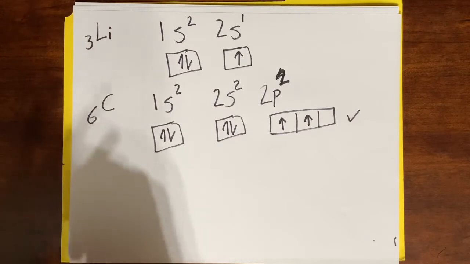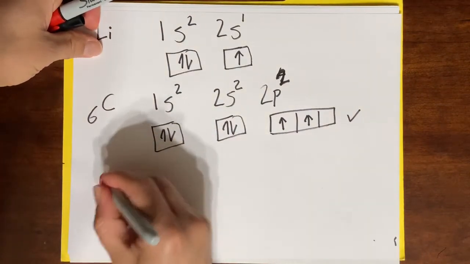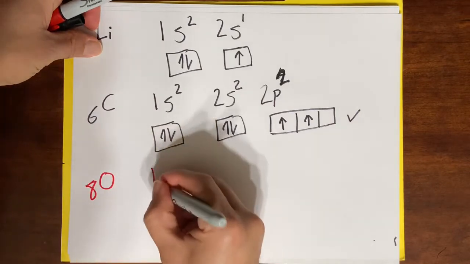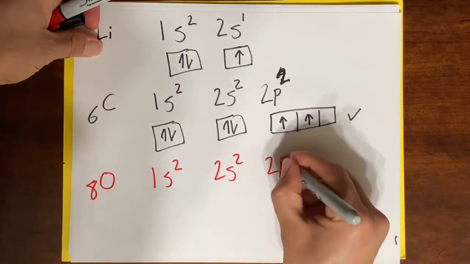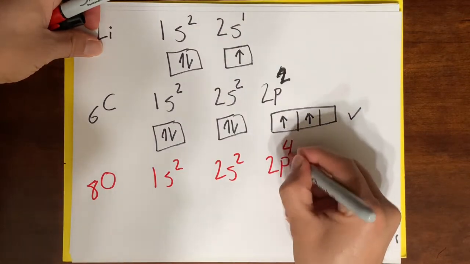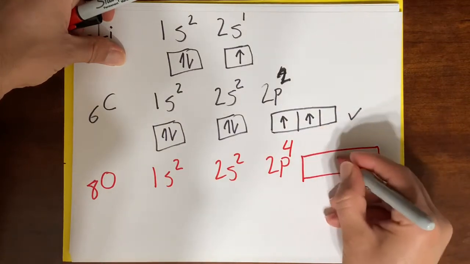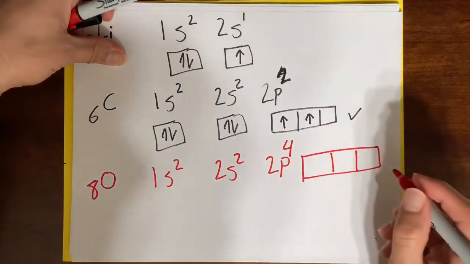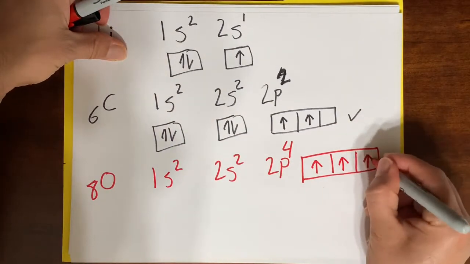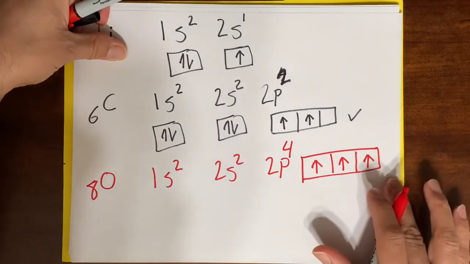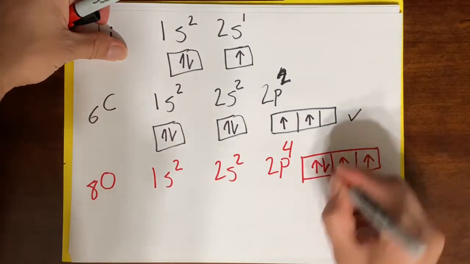How about oxygen? It will be 1s2, 2s2, 2p4. For oxygen, inside the p orbital we have 4 electrons. We go 1 electron in each, so now all orbitals are half occupied. We don't have an option. We need to pair this one.